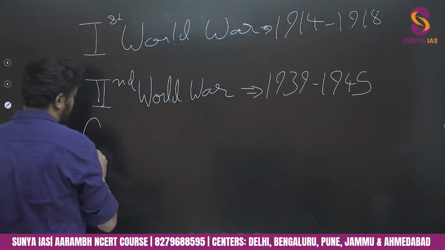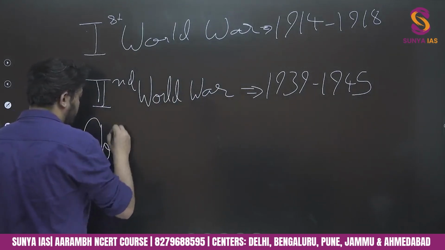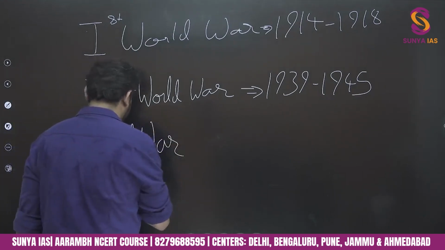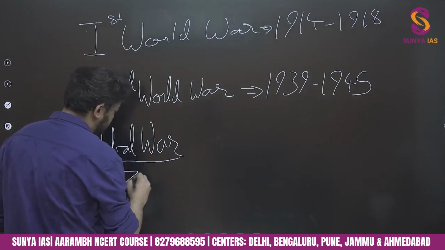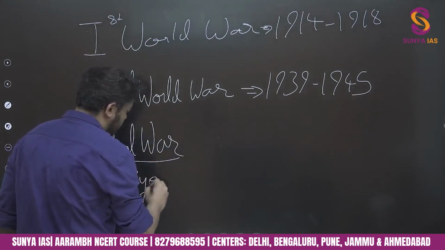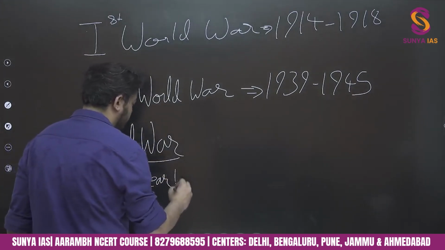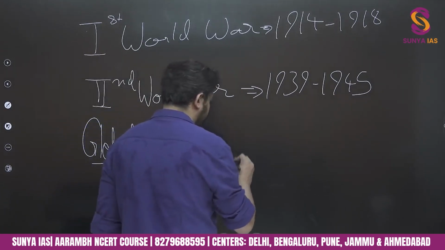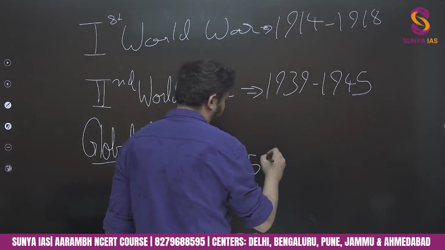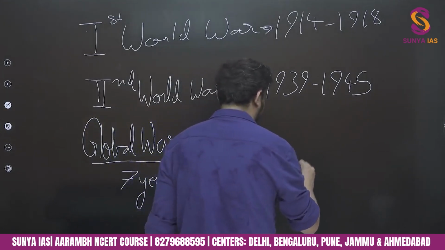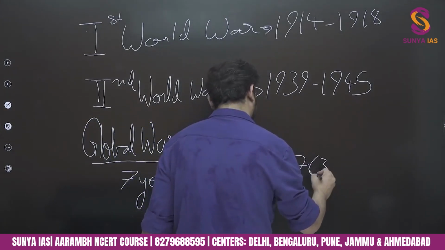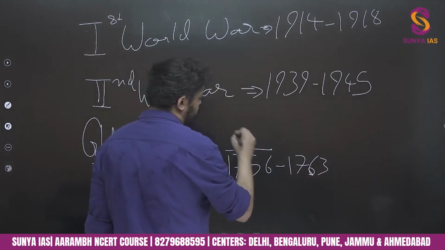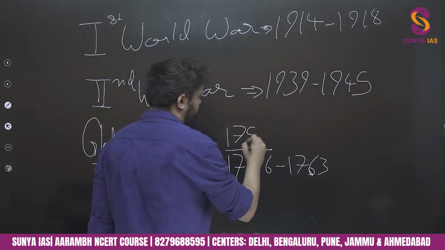The first global war, or the global war before the World Wars, is this Seven Years' War, which actually lasted for 9 years, between 1756 and 1763. Officially 1756, but in some places it's stated that it started in 1754 itself.